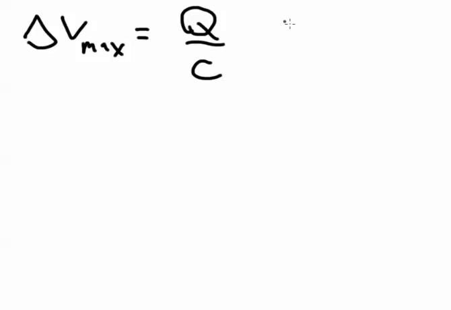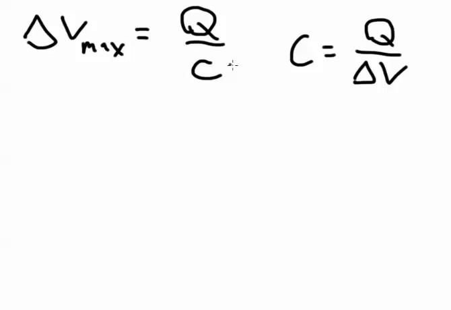So we also know that the maximum potential difference that we reach when we fully charge the capacitor is equal to the charge divided by the capacitance, because the capacitance is the charge divided by delta V. I'm going to use delta V now instead of delta V max, and I'll just assume that delta V means the final potential difference across the capacitor.